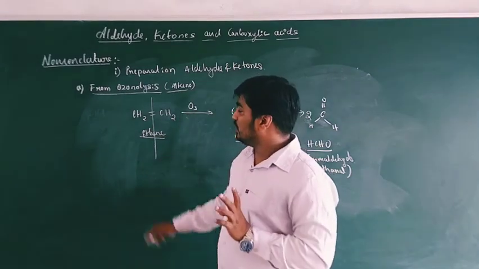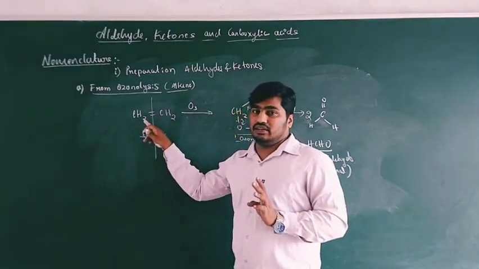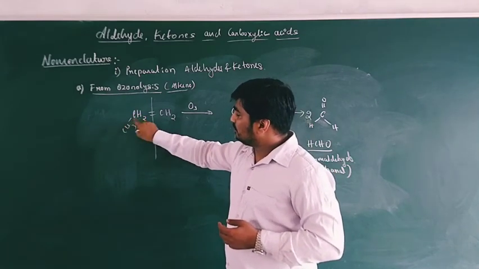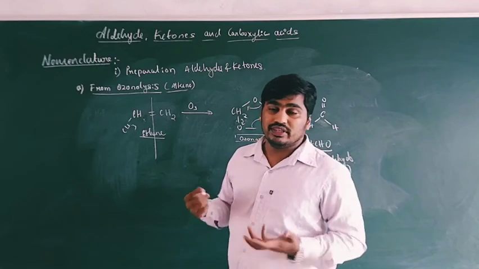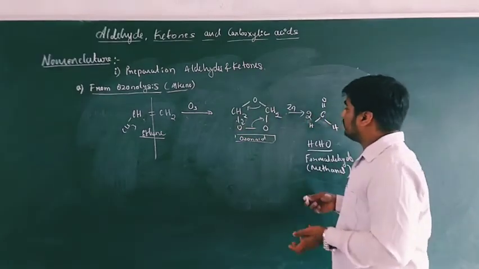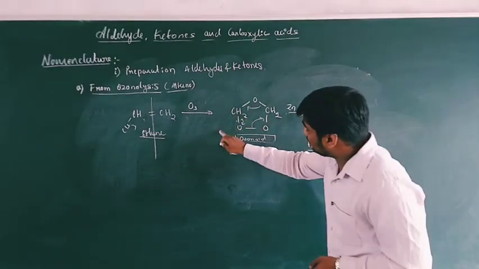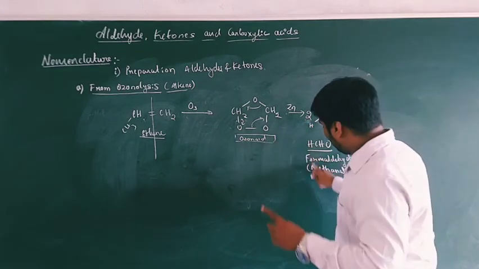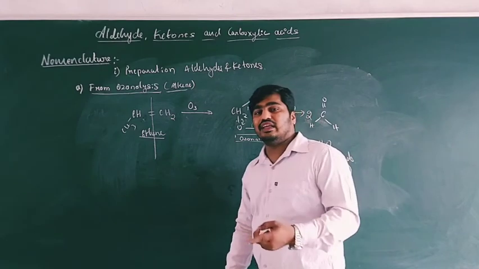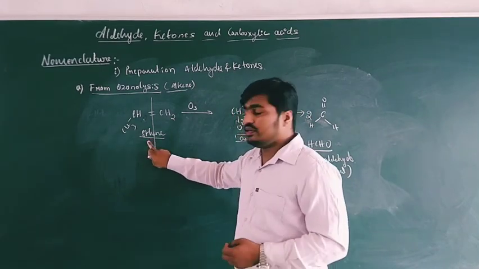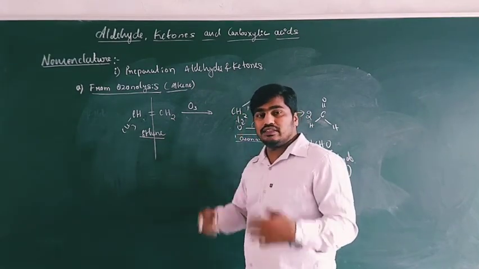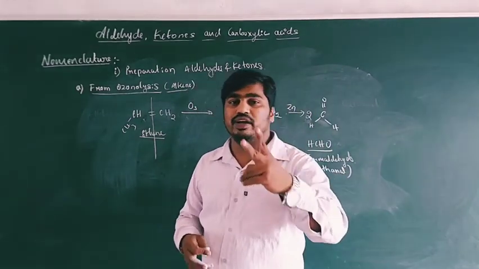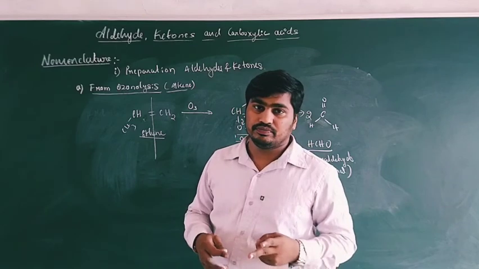If we consider the unsymmetrical one, just imagine in the place of hydrogen there is another CH3. What are the different kinds of products observed? Here we observe the CH3 in one compound. So one is methanal, another one is ethanal. So if we consider propene for the ozonolysis, then two kinds of product, one is formaldehyde and one is acetaldehyde.